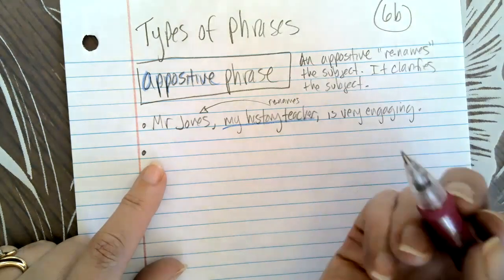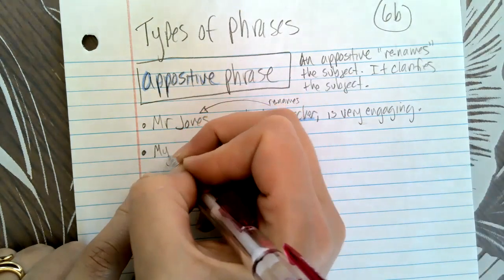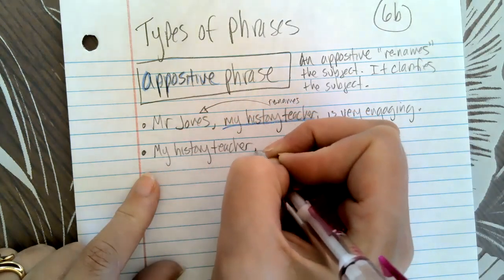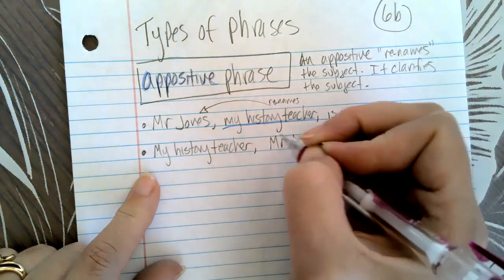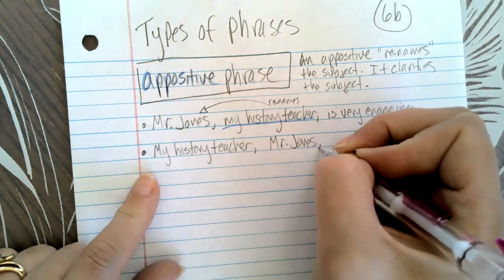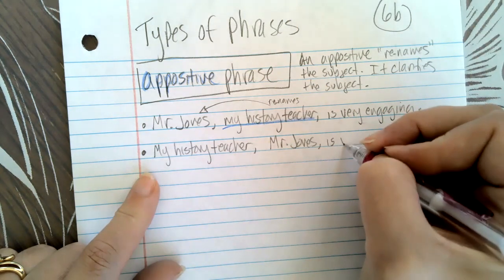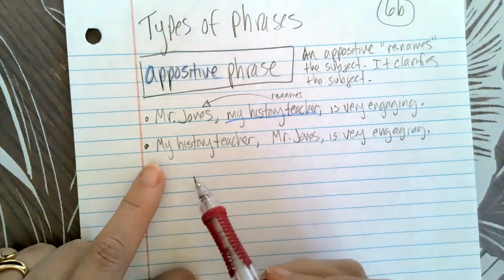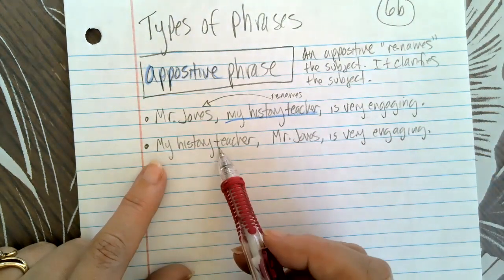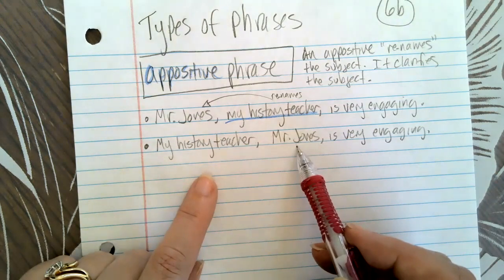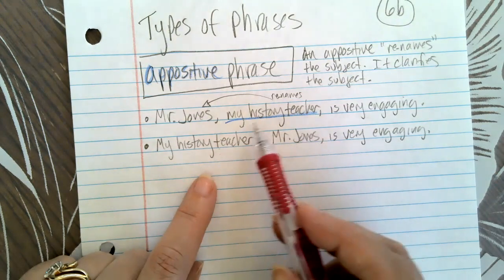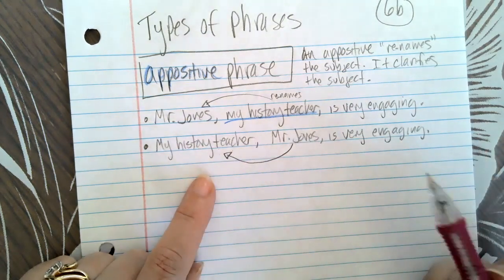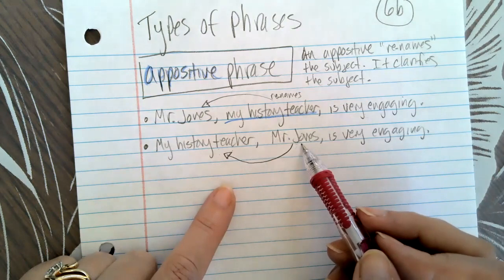So now we're going to write my history teacher, comma, Mr. Jones, comma, is very engaging. All right, so the subject of the sentence here is my history teacher. Mr. Jones is renaming my history teacher. It's clarifying who my history teacher is. So that is doing the same job as up here. But this time, Mr. Jones is the appositive.